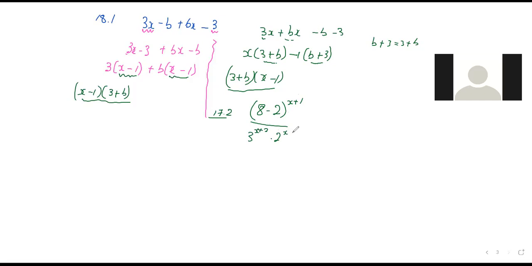Now the top one. You know that in mathematics, this rule that we learned in primary is still a good rule. 8 minus 2 is 6.